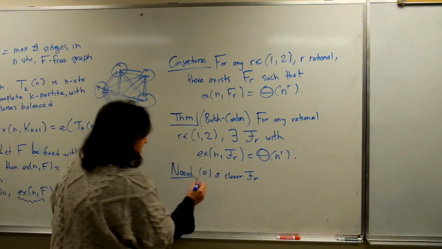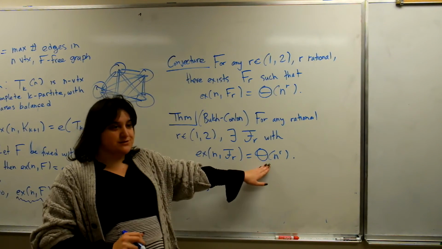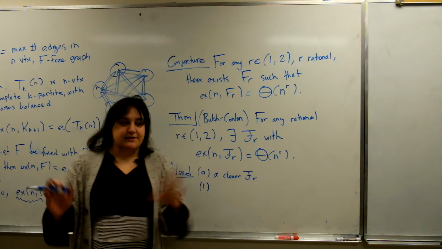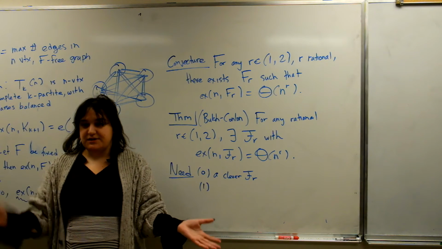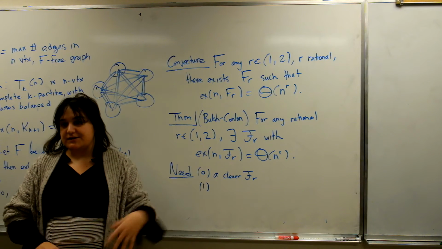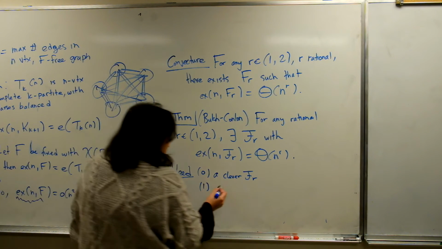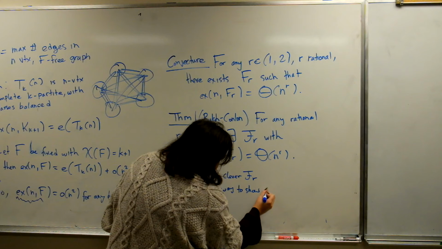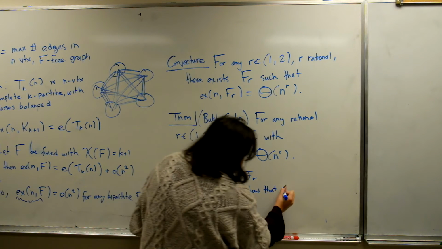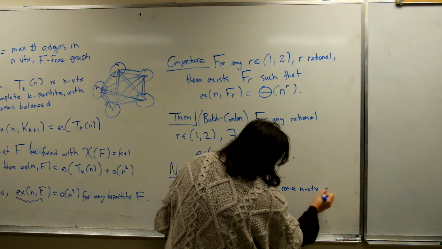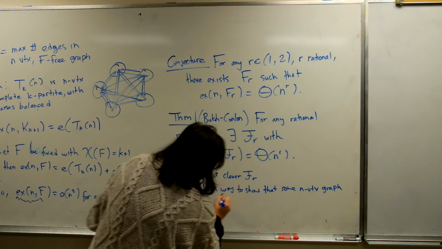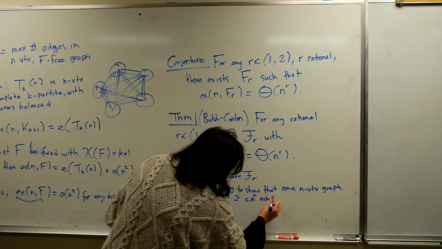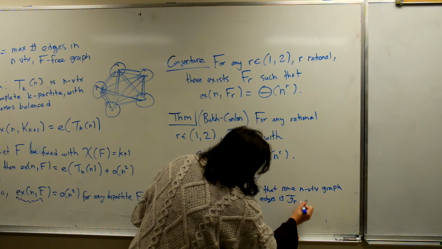Once we have this family, we're going to need, just to make sure everyone's awake, how do we certify that something is theta of n to the r? Well, we need to show that for n big enough, there's a couple constants, I'll say little c and big C, where little c n to the r is a lower bound, and big C n to the r is an upper bound. So we need a way to show, one, that some n vertex graph with at least a little c times n to the r edges is script F sub r free.